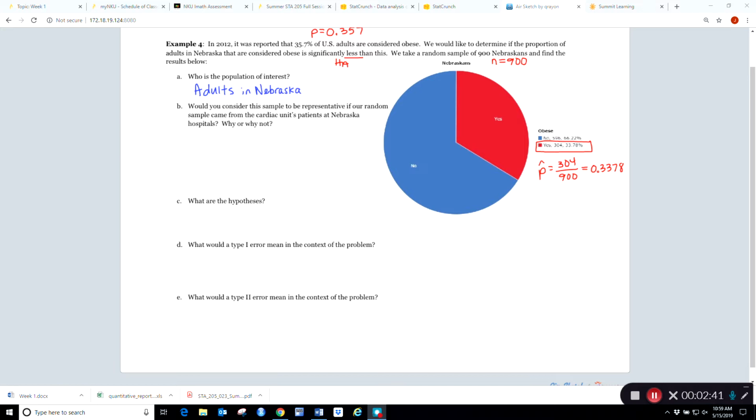Would we consider the sample to be representative if our random sample came from cardiac unit patients at Nebraska hospitals? What do you think? I hope that you would think no. I believe I could say that people who are cardiac patients tend to be heavier.